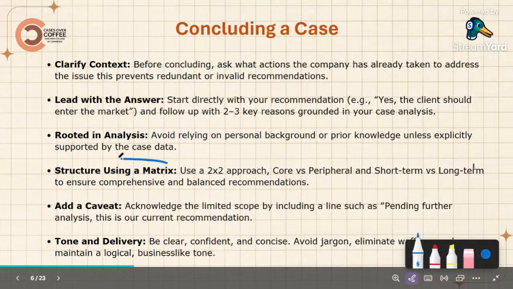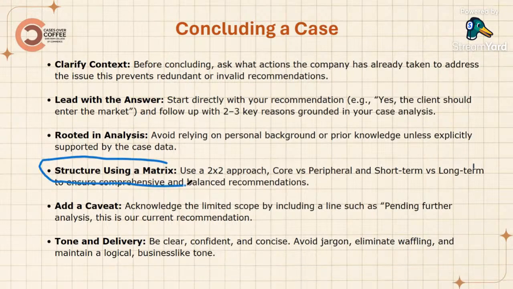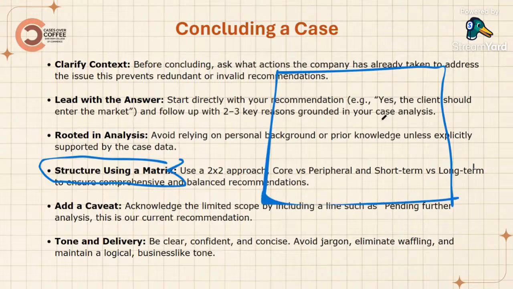This is one of the things that you can do: you can structure your answer in a 2 by 2 matrix. You can create a 2 by 2 matrix, and then explain the core or the peripheral.